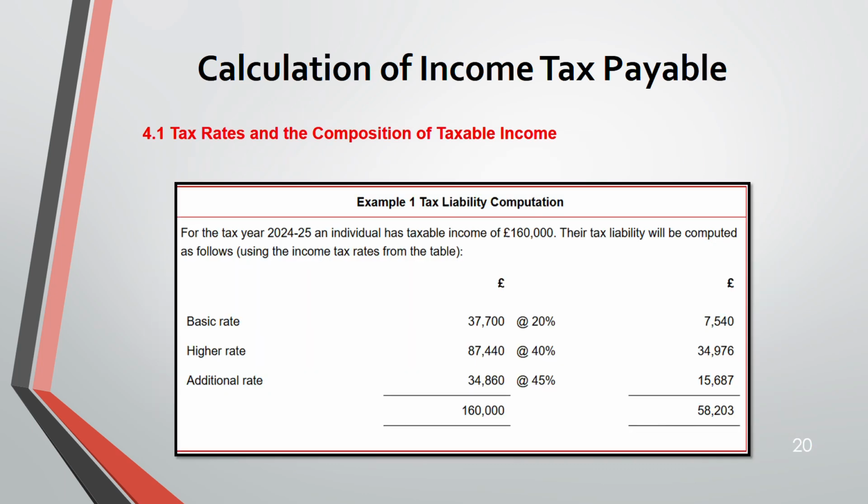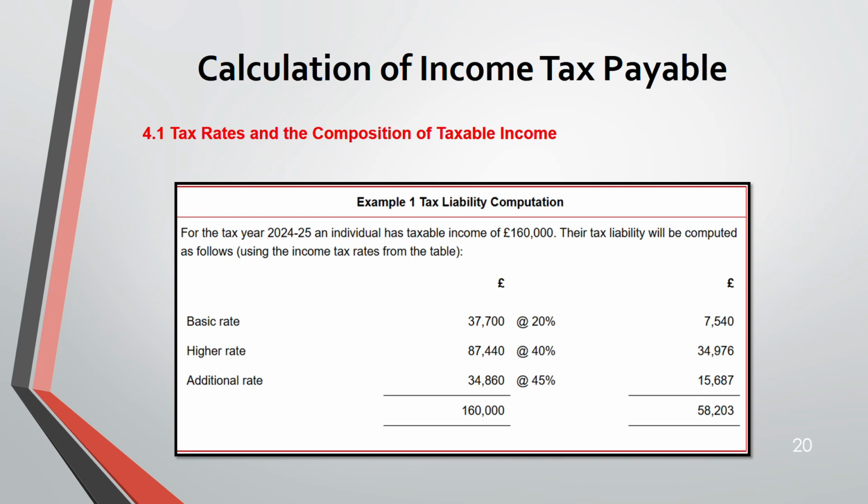Now, example 1. You have been given an income of 160,000. On this 160,000 you cannot immediately charge 45%. Yes, you might say 160,000 is more than 125,140, so you start charging 45%. That's not how it works. It works in slabs. The first 37,700 will be charged at basic rate, and this is non-savings.